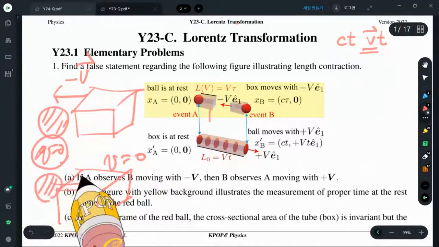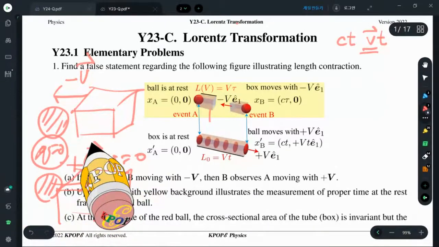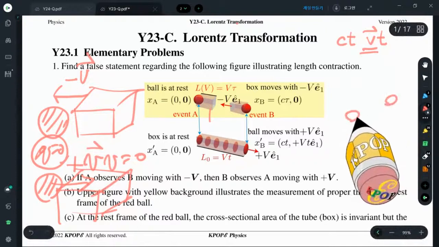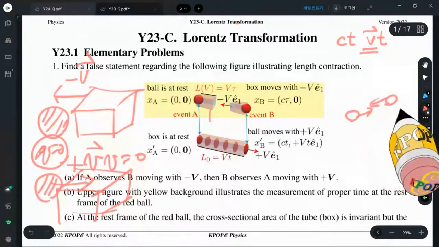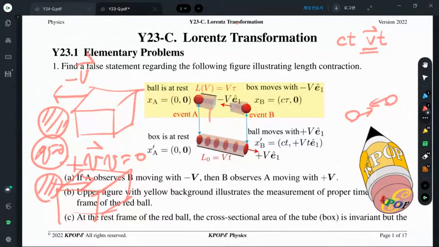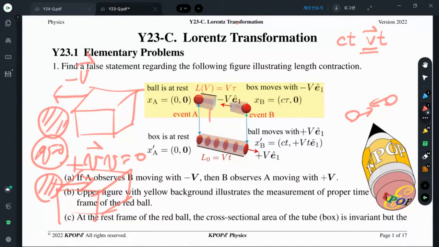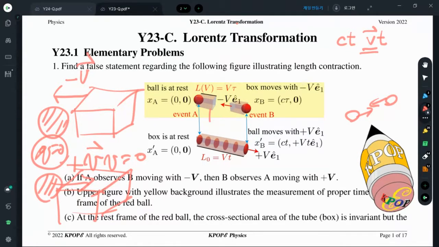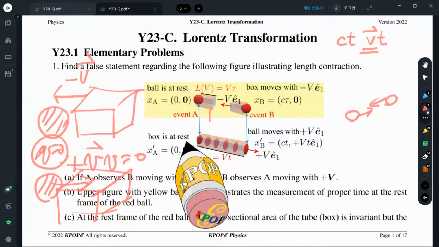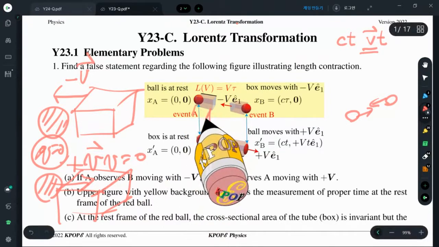The red ball is moving with the velocity plus v. Understood? Any objects measuring each other, the relative velocity is the same in magnitude and the direction is opposite. Okay, this is how to measure the length of this tube.